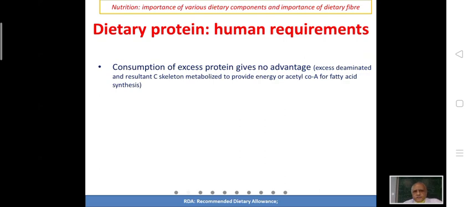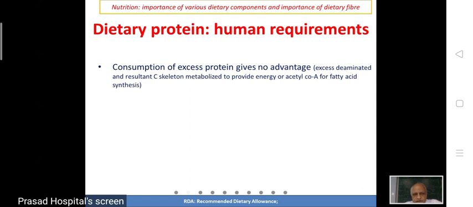Now the question is that why don't we eat a lot of proteins? But the scientific evidence suggests that consumption of excess protein gives no advantage. Whatever is recommended, only that much has to be taken in the diet.